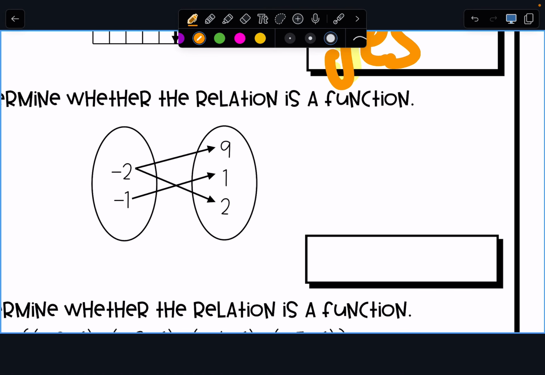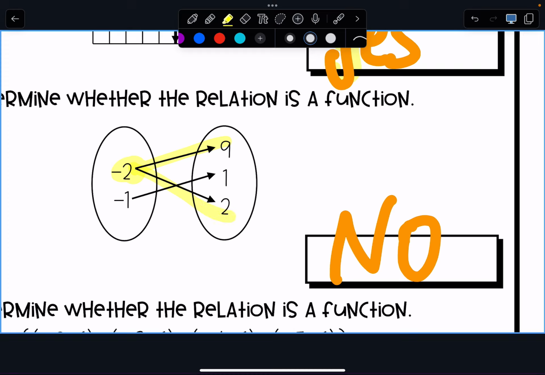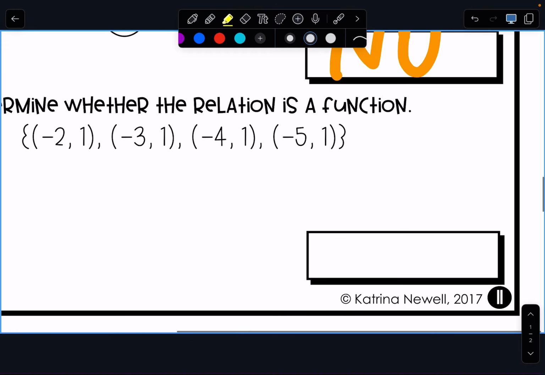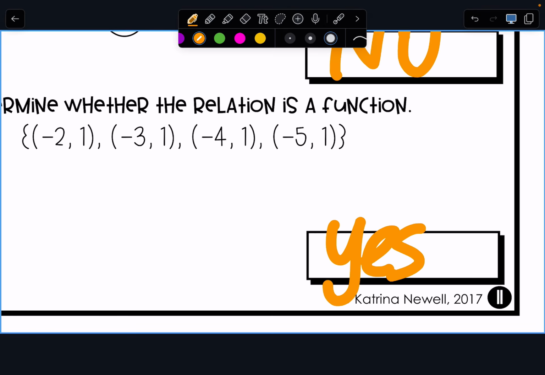Number 3. Grace, is this a function? No. The -2 gets mapped to 2 different outputs. Sad day. Number 4. Grady, what's number 4? Yes. We have a function.